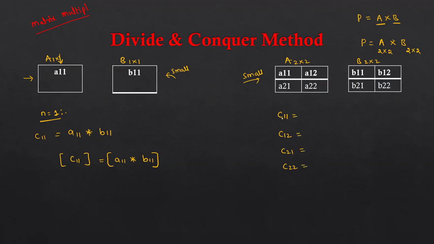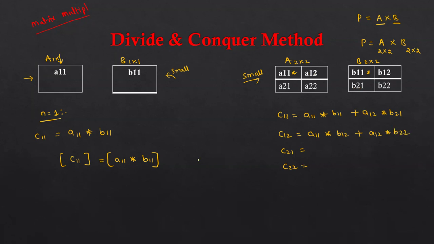C11 is equal to A11 into B11, so I am writing it here: A11 into B11 plus A12 into B21. So this multiplication I need to perform. Here C12, how can I calculate C12? A11 into B12 plus A12 into B22.